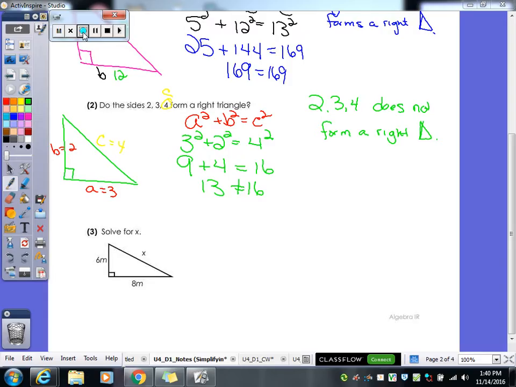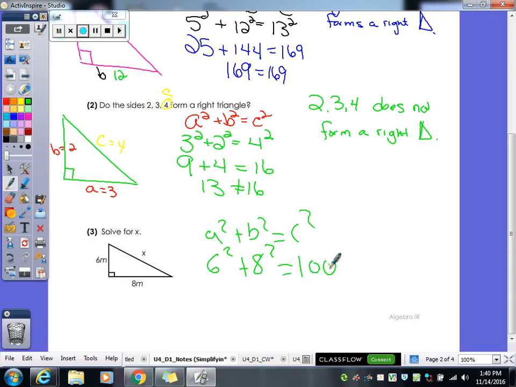Yeah, sure. Okay, so squared equals 100, and I think I wrote that right.